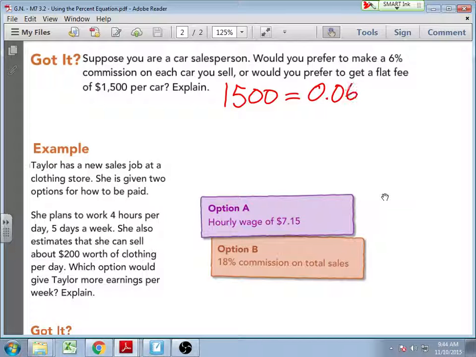So we do 6% of some price of car that we don't know. So that's why Bella said she divided by 600ths. So the price of the car would have to be, I think it might be 9,000.